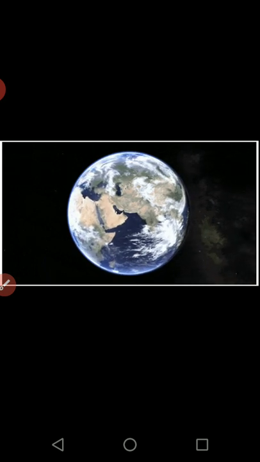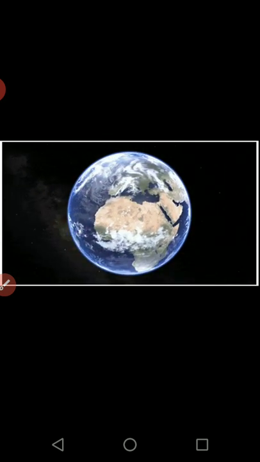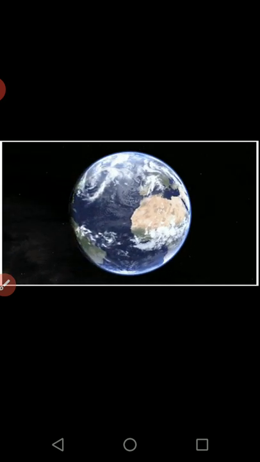Now in this we can only see that this is the land and there is the water. But then to study the earth like this is very difficult. If we want to know the shape, the size of every country and every continent which we are studying, how do we get to know that?